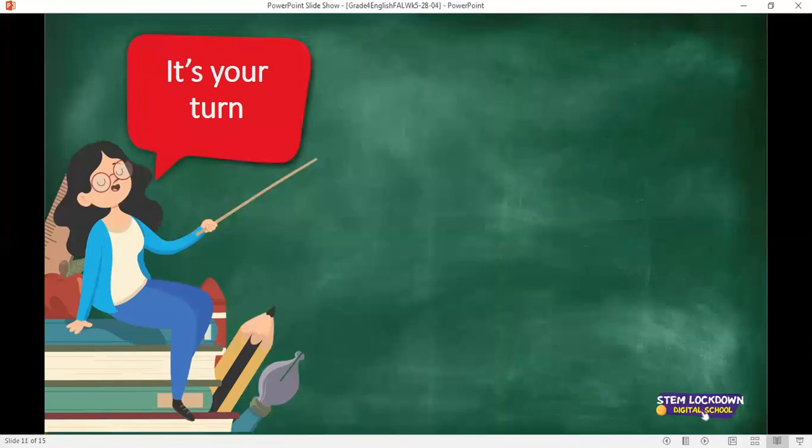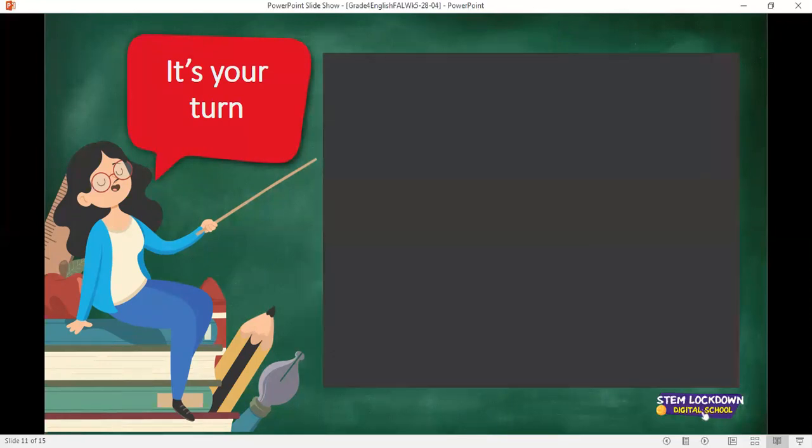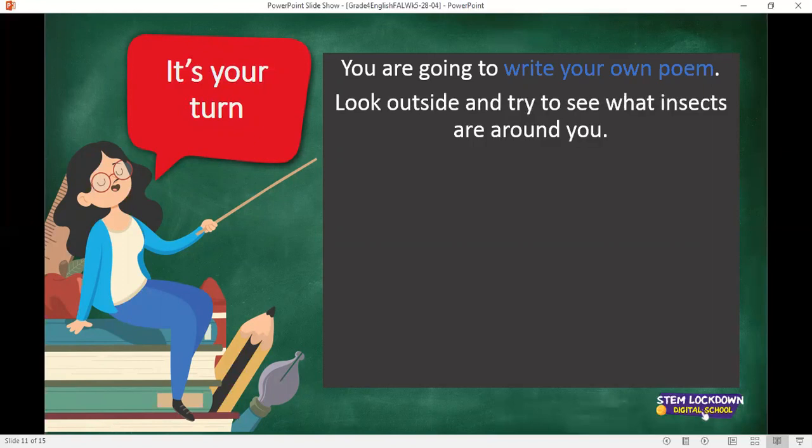So now for your homework today. It's going to be a little bit of a fun one. You are going to write your own poem. Remember, try and have rhyming words at the end, because we want it to rhyme because it's a poem. I want you to look outside and try to see what insects are around you.